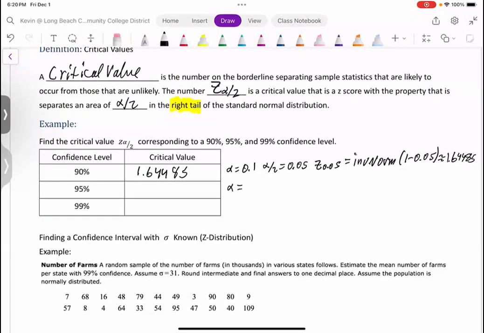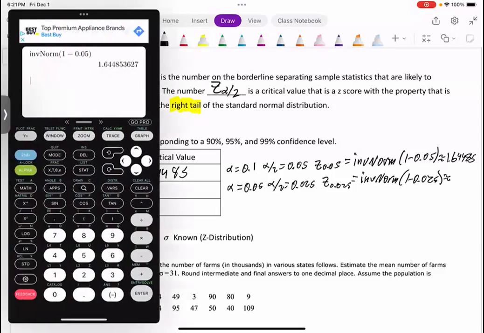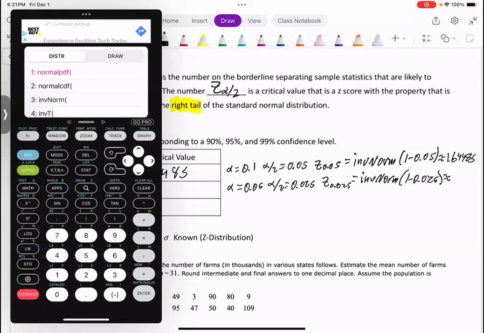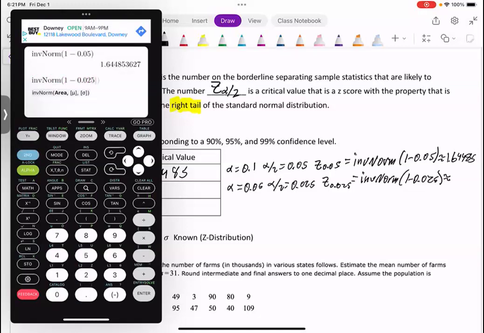At a confidence level of 95%, alpha is at 5%, which means alpha over 2 is 2.5%. And that is going to be inverse norm of 1 minus 0.025.